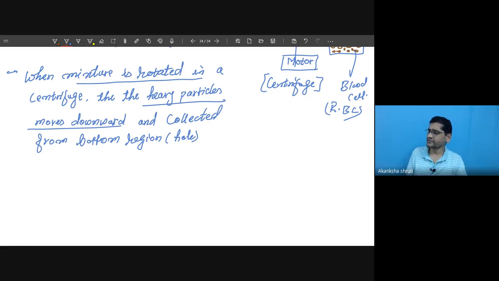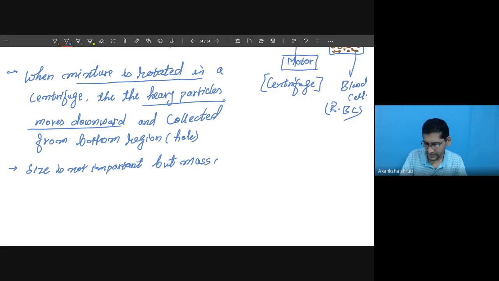Here it is the mass which is going to determine the application. Here the size is not important, but mass difference is important.